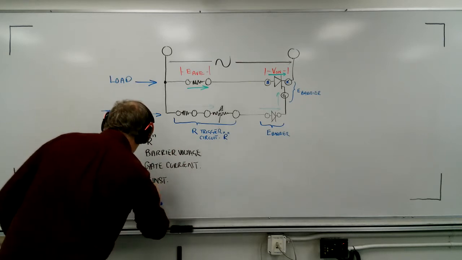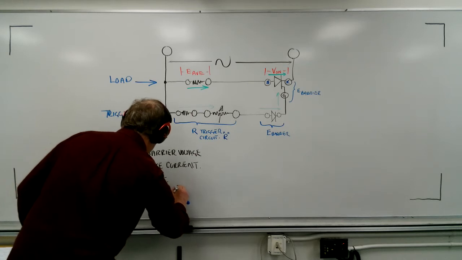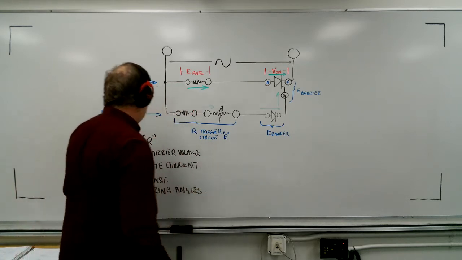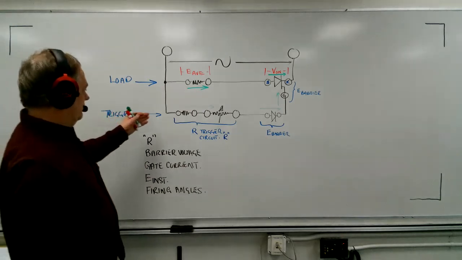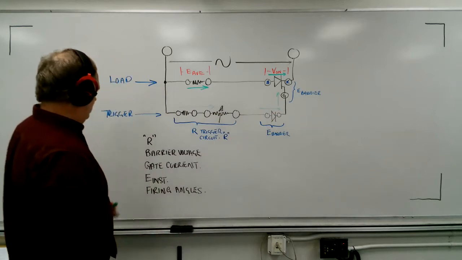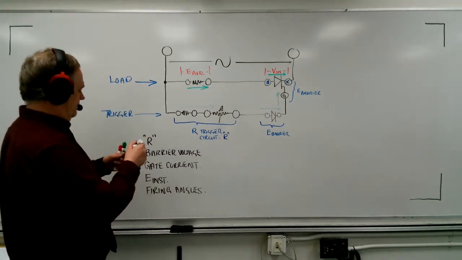We're going to be looking for and calculating firing angles. So we've got our resistance, how much voltage we're applying here, barrier voltage drops, and these kinds of things. These are all important in the trigger circuit.